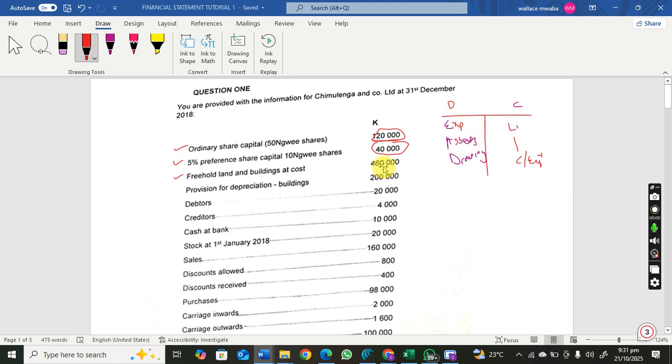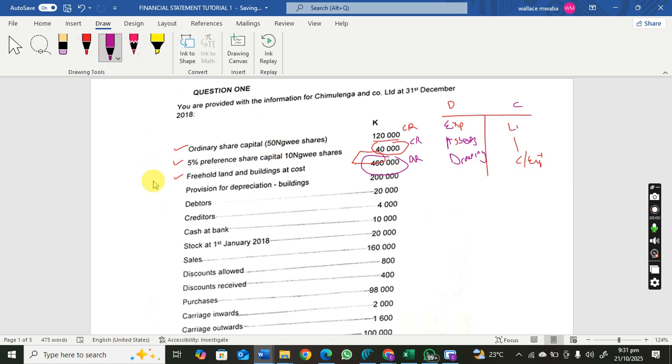So this 460,000 will go on the debit side of the trial balance.